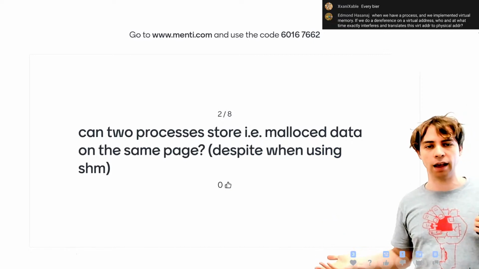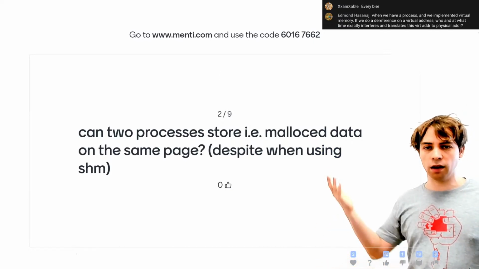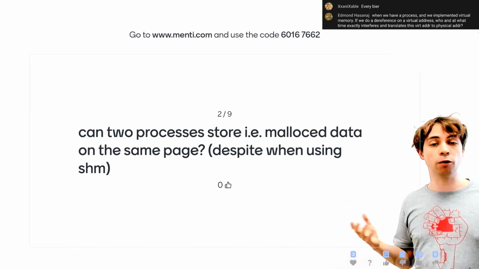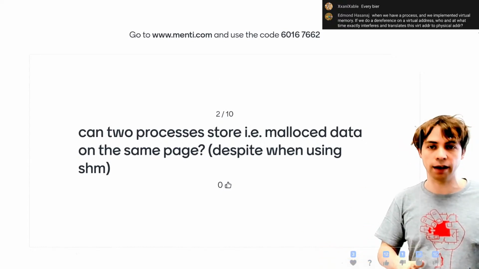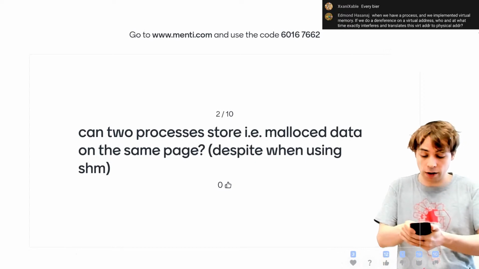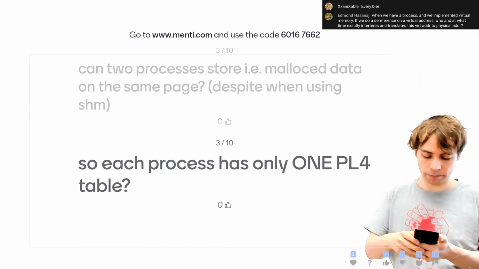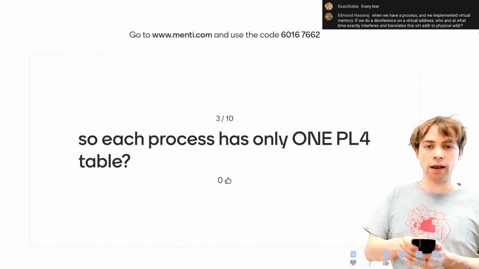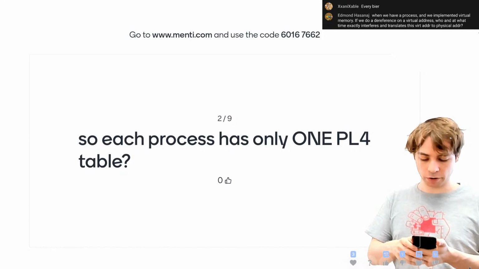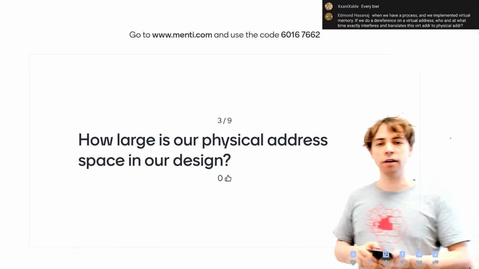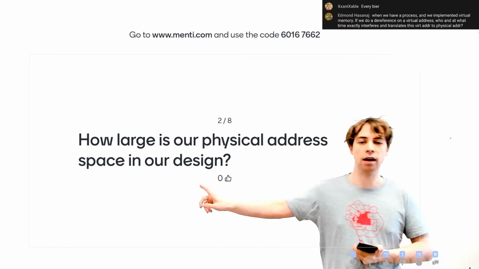If they can work on the same physical page, then this is shared memory. They can, of course, work on the same virtual page, but this translates to a different physical page, and then they are not actually working on the same page. So each process has only one PML4 table. Yes, absolutely correct.